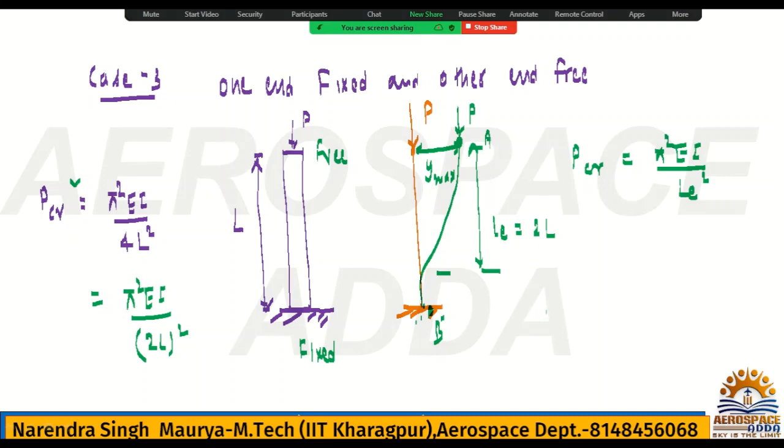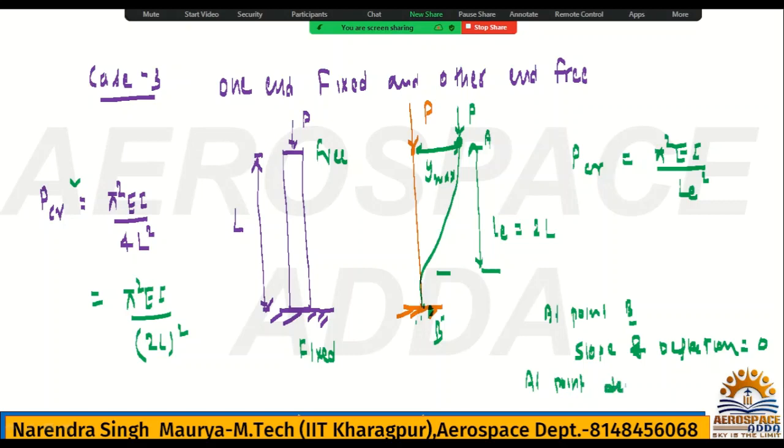At point B, slope and deflection will be 0. But at point A, deflection will not be 0.